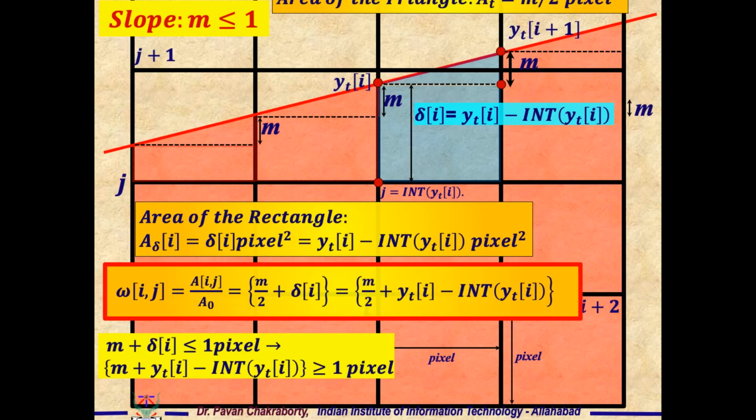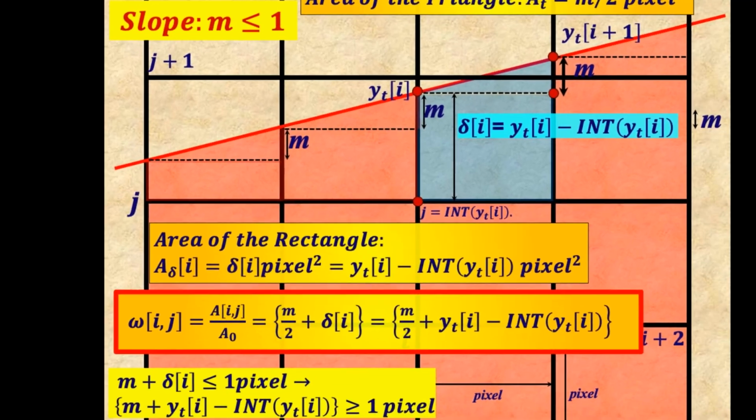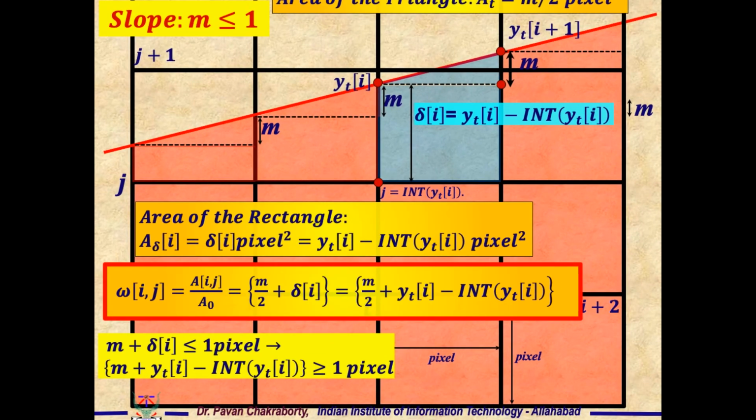Please note the slope is still less than 1, but I could have such a situation where I could have a line cutting in the middle of the pixel, and I could have such an effect. So in this case, I will have to make a special consideration. This is the case where m plus delta is greater than 1 pixel.